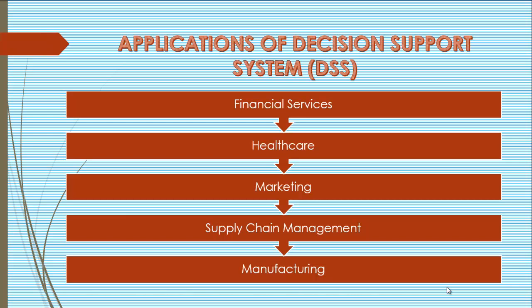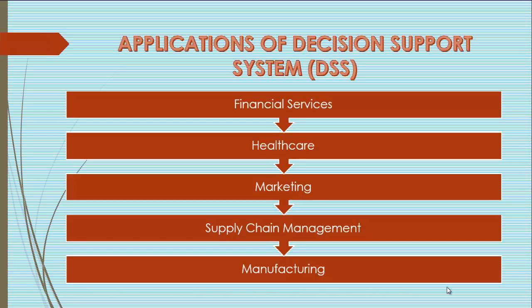Then under marketing, the decision support system can be used to analyze customer data, evaluate marketing campaigns, and optimize pricing and promotion strategies. Then under supply chain management, the decision support system can be used to optimize inventory levels, manage logistics, and improve supply chain efficiency.